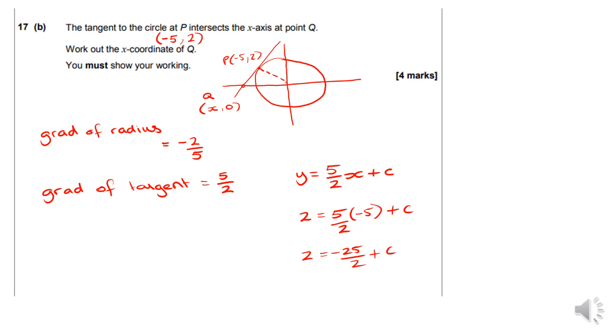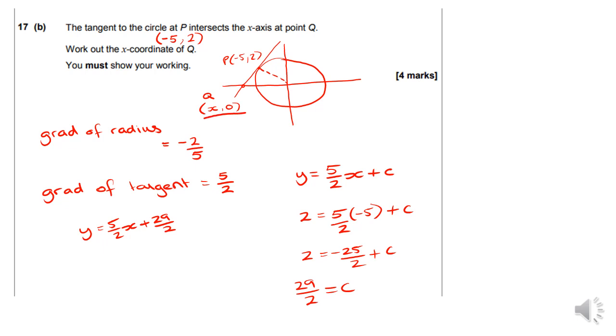We can add the 25 over 2, so that would be 29 over 2, I think, is equal to c. So now we know that the actual equation of that tangent is y equals 5 over 2 x plus 29 over 2.